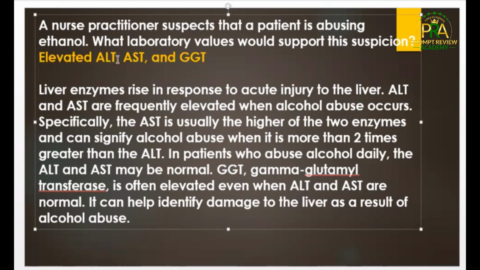ALT is for your liver, any damage to the liver, hepatitis, but when you ingest anything, then AST will be elevated. For example, if you are asked in an exam, a patient comes in with right upper quadrant pain, you are looking at two things. You are looking at hepatitis, you are looking at cholecystitis.